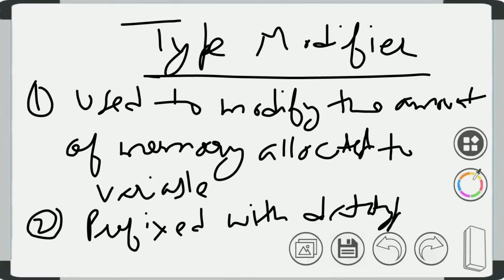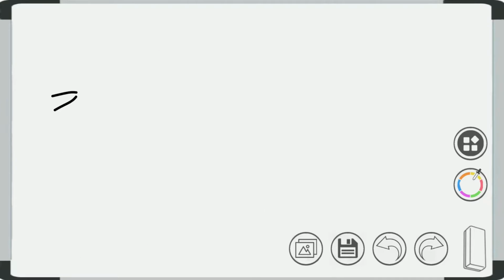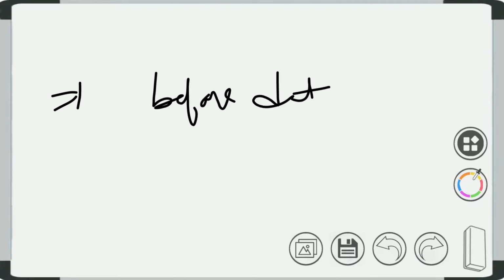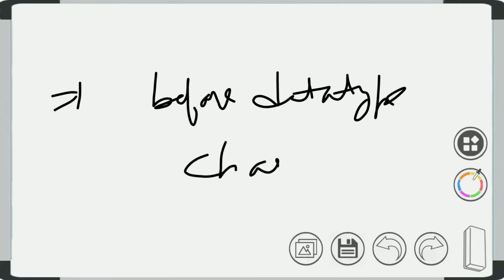Prefixed with the data type means that the type modifiers are used before the data type. That is, suppose the data type is char or int, then the type modifier is used here before the data type.